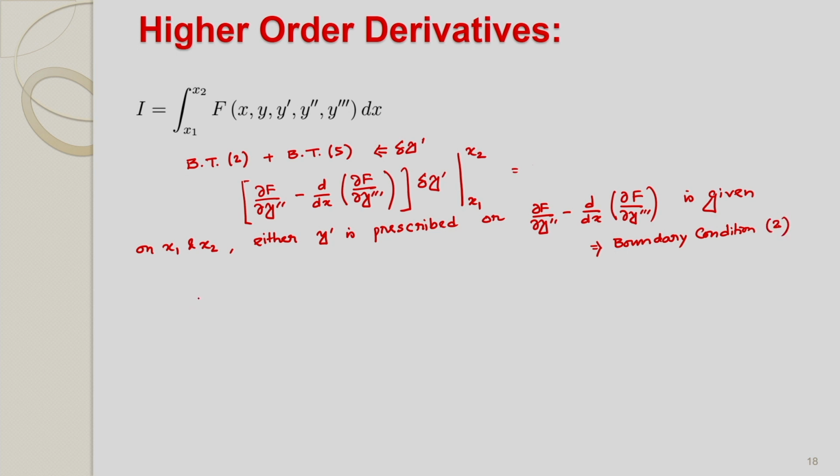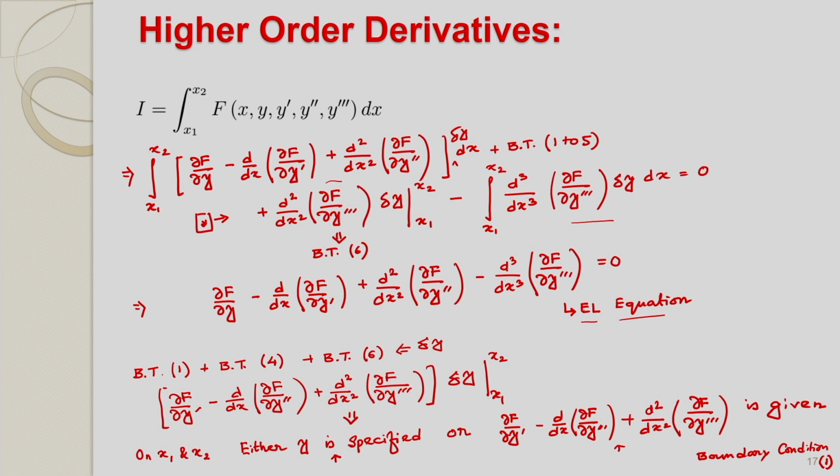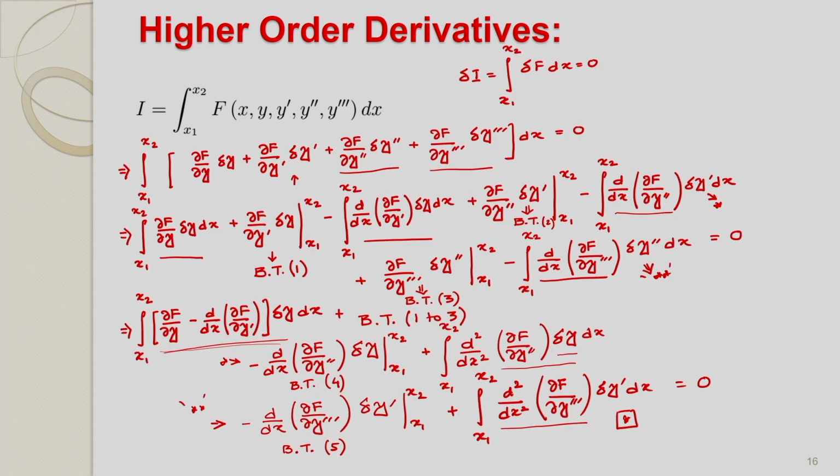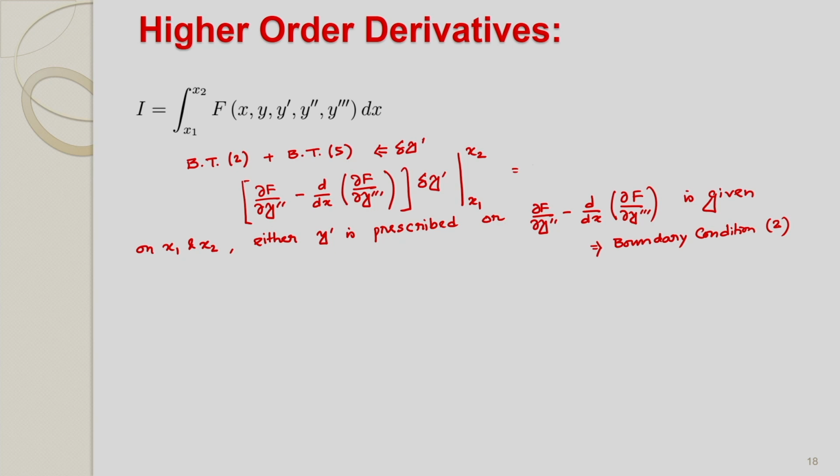Now, the remaining boundary term is boundary term 3. So, this is the only boundary term associated with delta y double prime. If we write this, boundary term 3 says del f del y triple prime delta y double prime at x 1 and x 2.